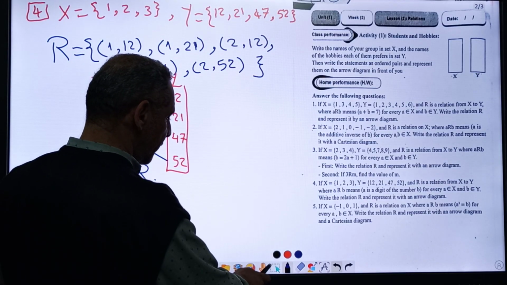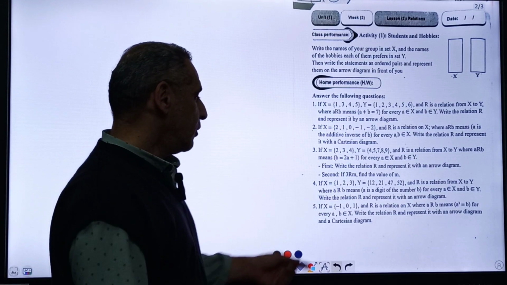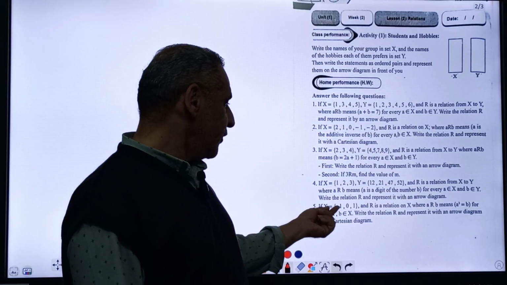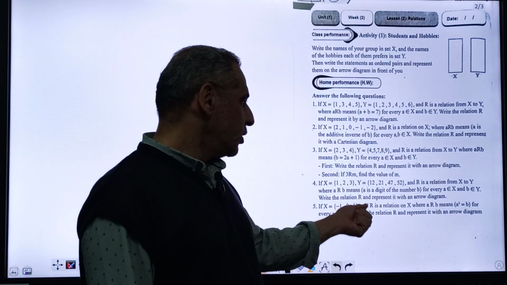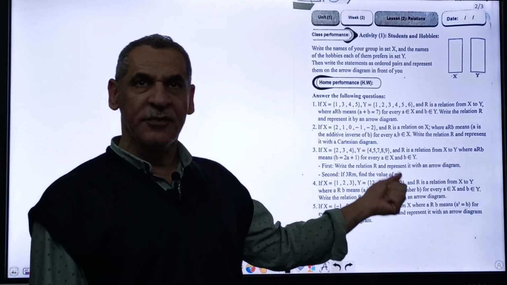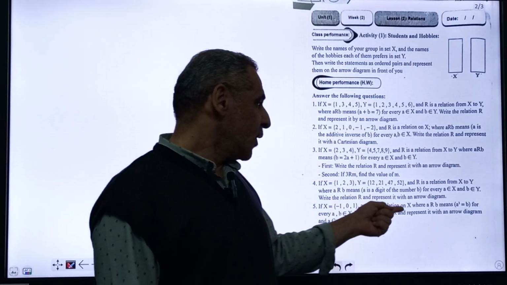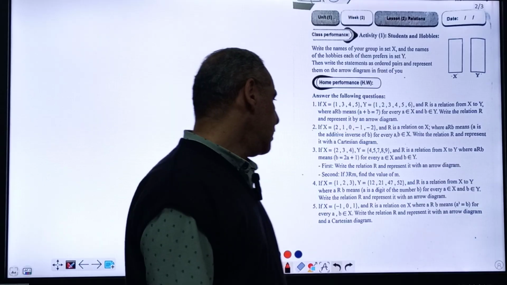طب question number 5. مكتوب عندنا: if X set of element negative 1, 0, 1 and R is a relation on X. احنا قلنا relation on X يعني from X to X where a R b means a power 3 equals b.